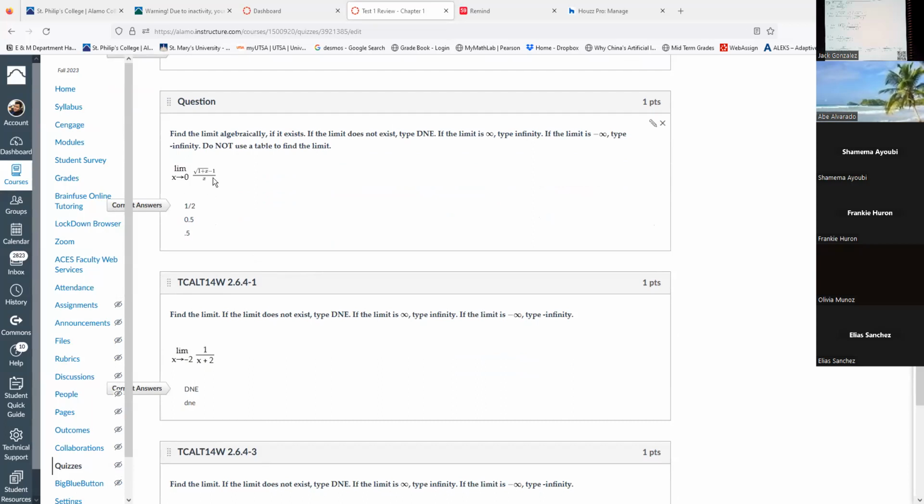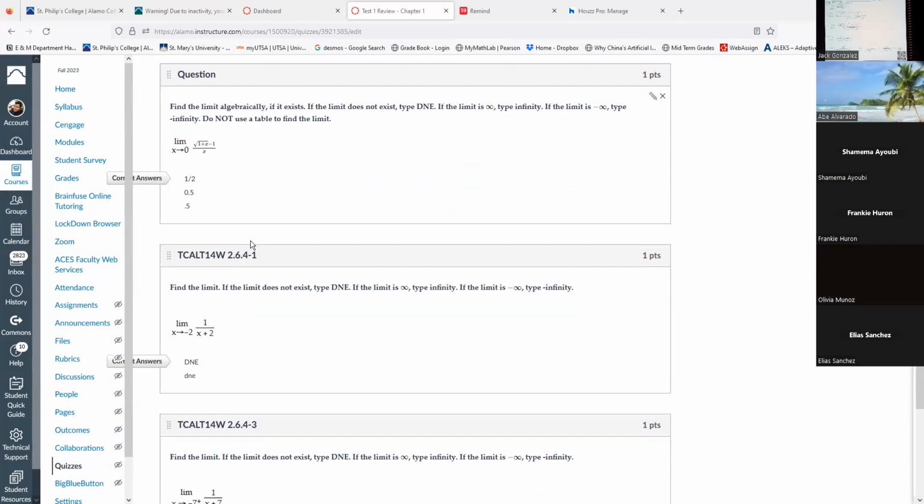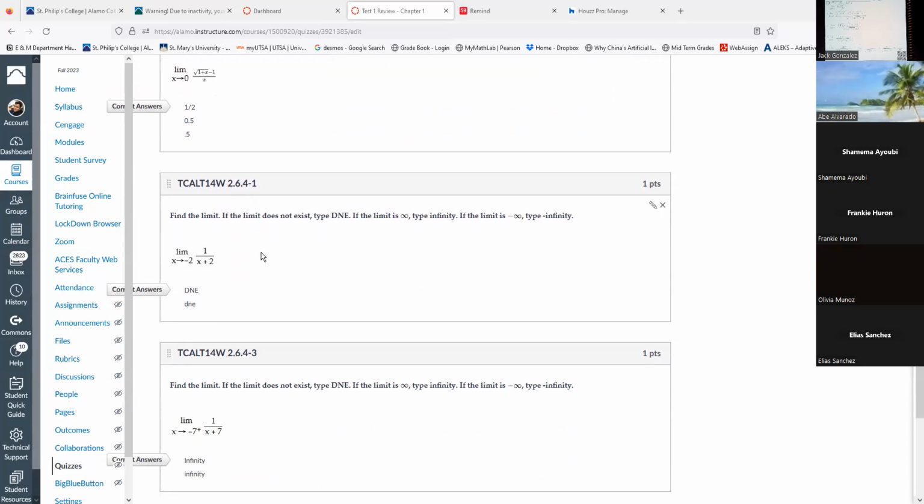So that's all they want you to do. If you see square root plus something or minus something, you should think, oh, conjugate. Over here, you can use any technique you want because I didn't say anything. So you can plug in numbers. Remember that first technique you did?